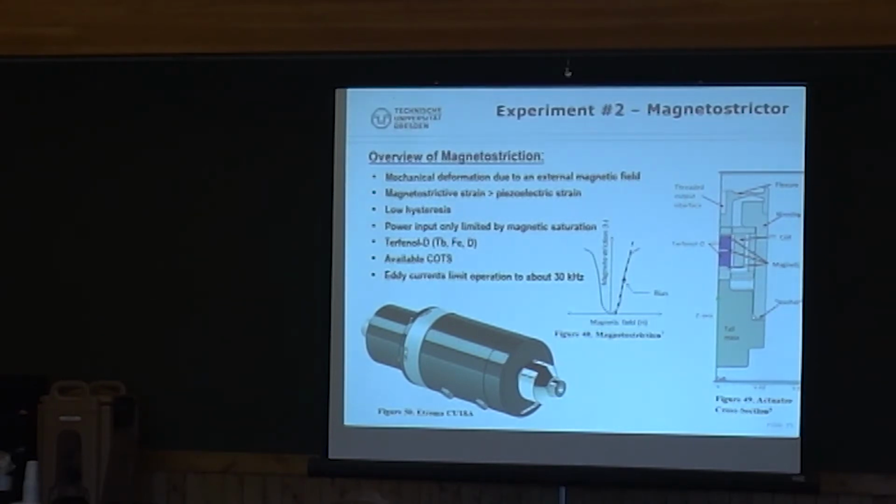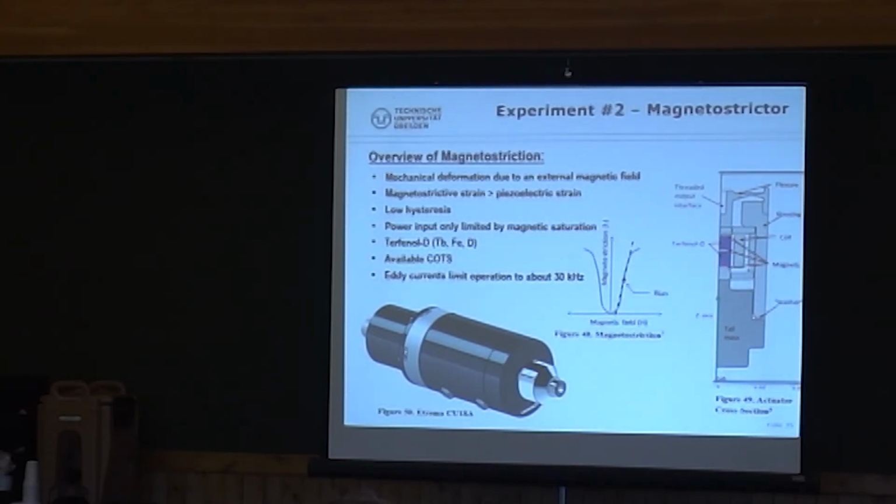We'll see that it's very similar to Woodward's thruster because there's this heavy tail mass, a reaction mass. It has a threaded output interface where I can put a dynamic mass, any variable mass which can tune the resonance frequency. So this is like the aluminum mass at the end of Professor Woodward's.